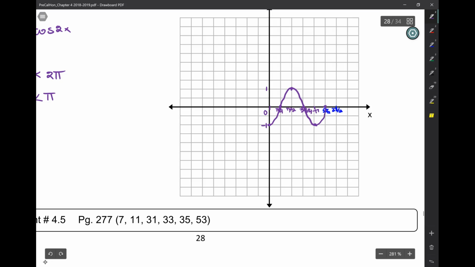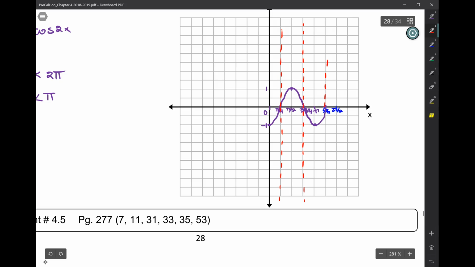Is that correct? Okay. So now, look at what we're going to do. We're only going to go one cycle. Here, I draw an asymptote. Here. Isn't that 0? The asymptote is where the cosine is 0, right?